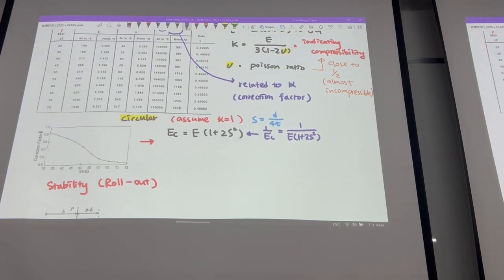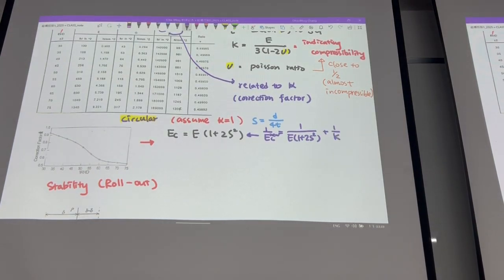Let's say this much G. Okay. Then plus 1 over K. This K is provided by your total metal sheet. Okay.